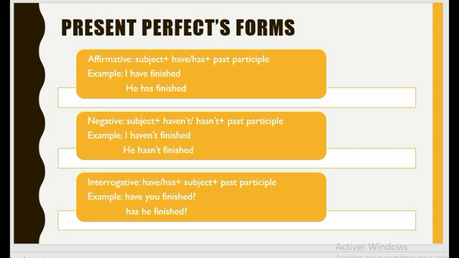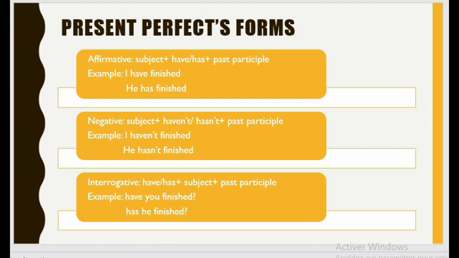Now the present perfect forms. We have 3 forms: affirmative, negative and interrogative. Affirmative starts with subject plus have or has plus past participle. Have goes with I, you, they, and we, and has goes with she, he, and it.